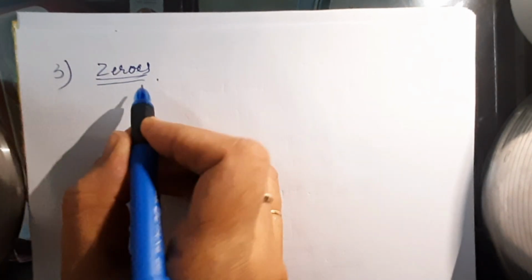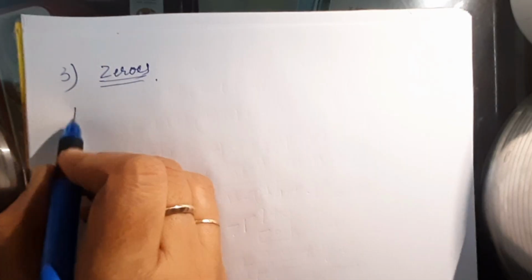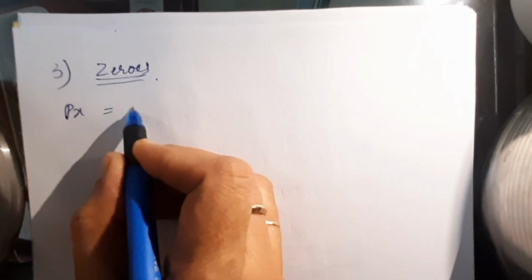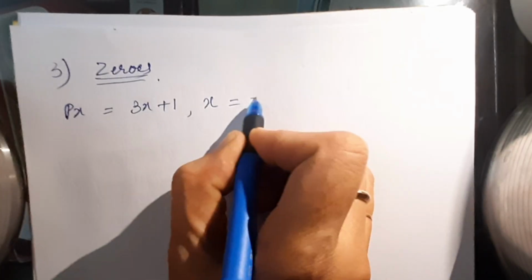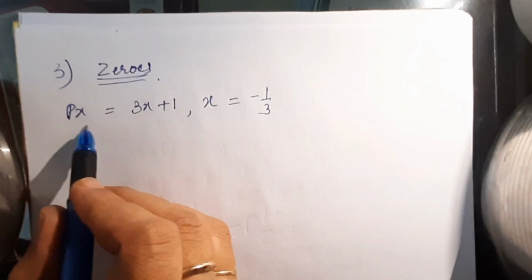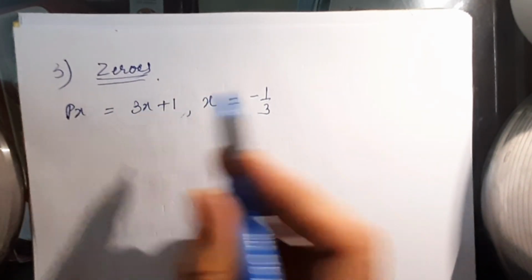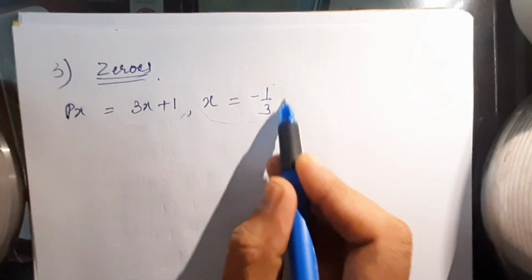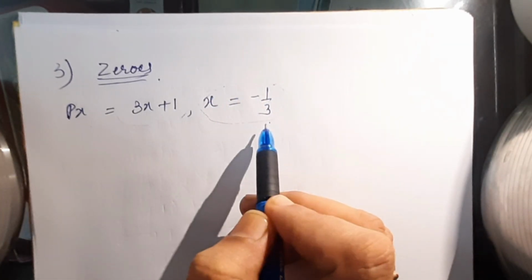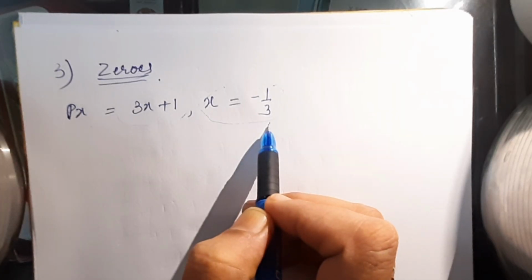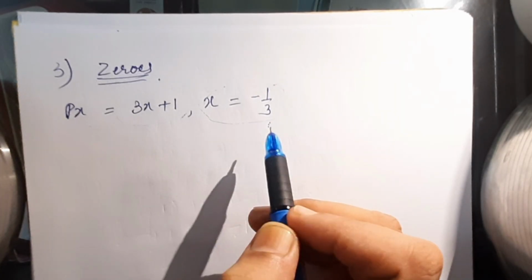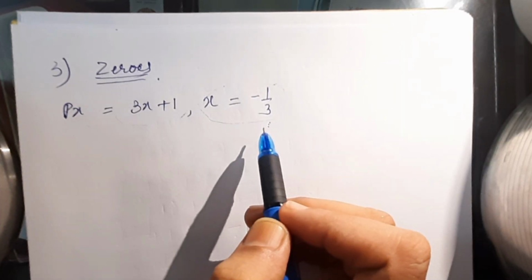Okay, whether they are zeros of the polynomial or not, we need to verify. Here the question is given p of x, it's 3x plus 1 and x is given minus 1 upon 3. So when we solve this equation, we need to see whether we are getting x as minus 1 by 3 or not. If you are getting x as minus 1 by 3, then it is zero of the polynomial. If the value is not matching, we say it is not the zero of the polynomial.